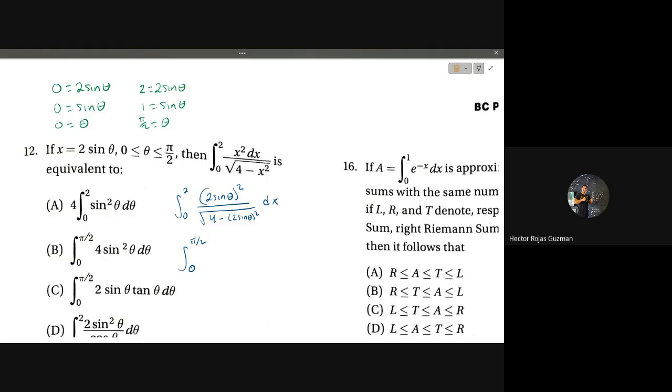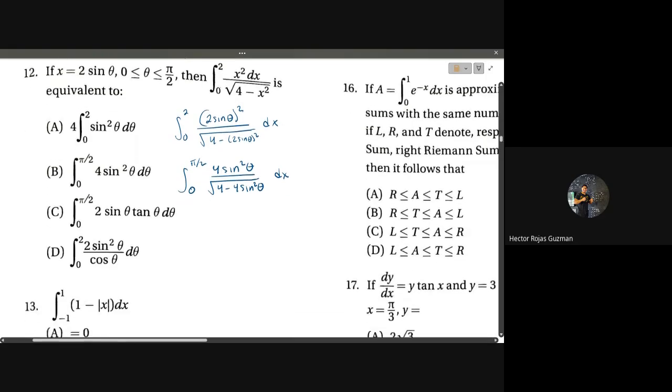For the expression, we're going to have 4 sine squared of theta. 4 minus 4 sine squared of theta. In my denominator, we can factor out a 4.